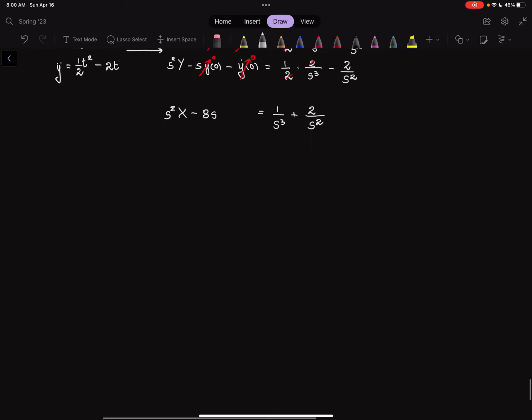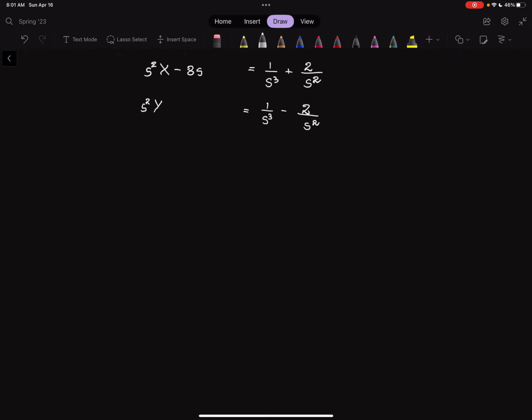Let's do this other one, s squared Y minus 0 equals 1 over s to the third minus 2 over s squared.